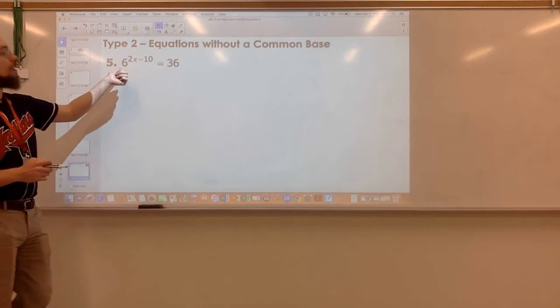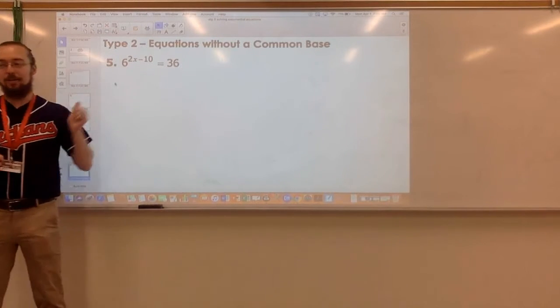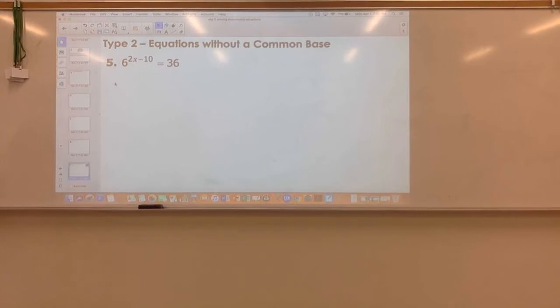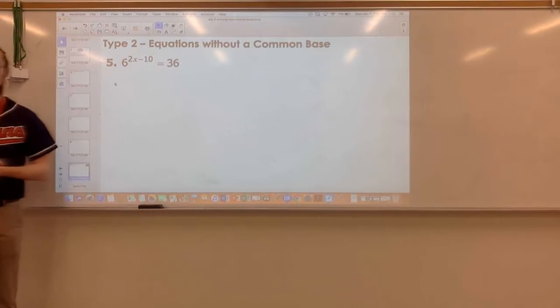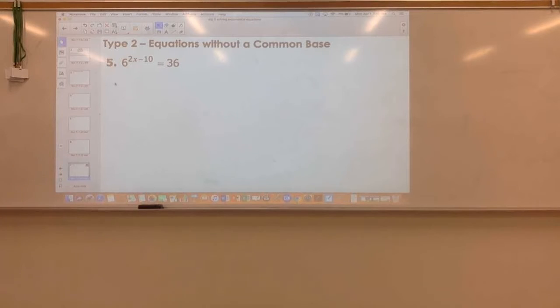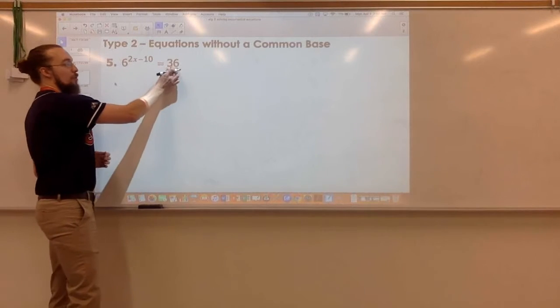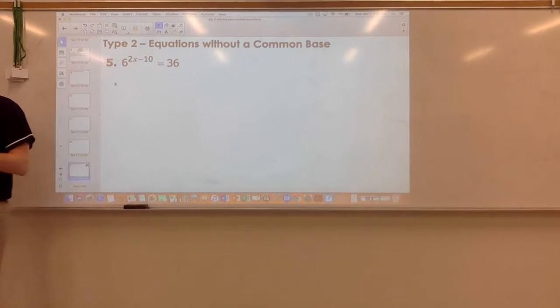But here, I've got this exponential equation that does not have a common base, so I've got 6 to the 2x minus 10 equals 36. If you look back at your steps on the other side, you want to tell us? Go, just take 6 to the second power. Yeah, that would equal 36. Bingo. So our goal is to write both sides with the same base.